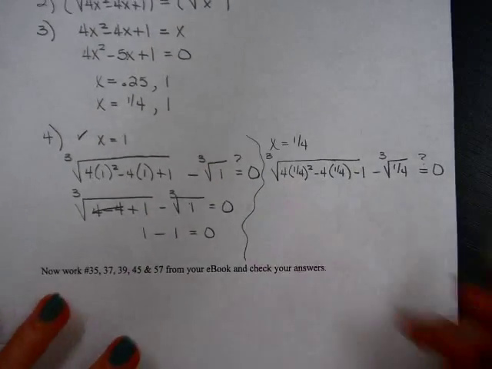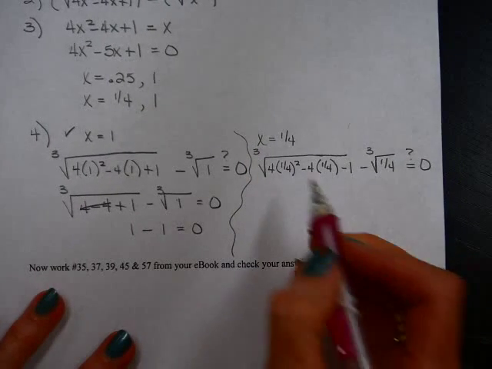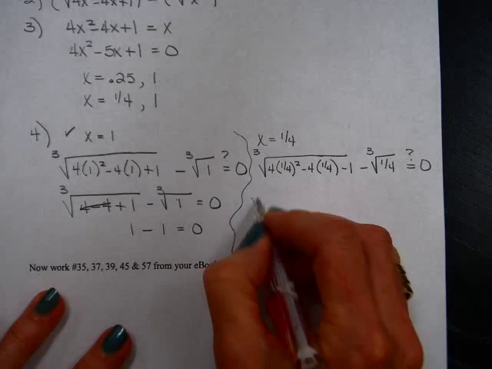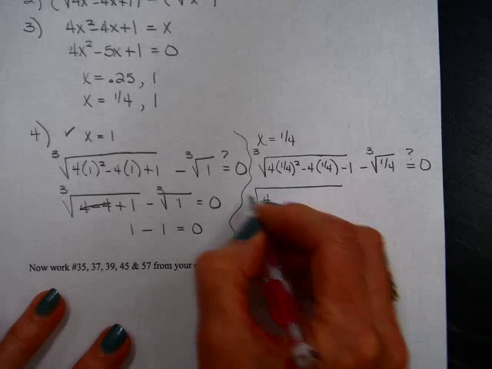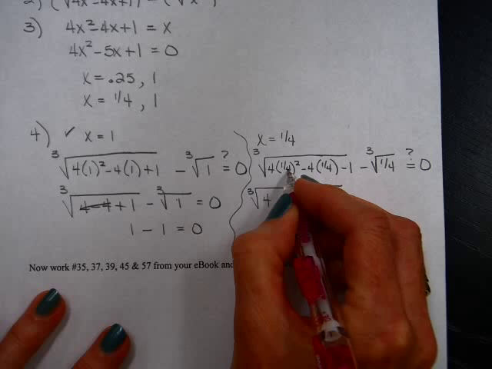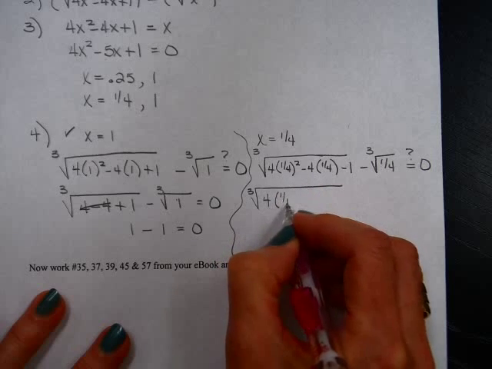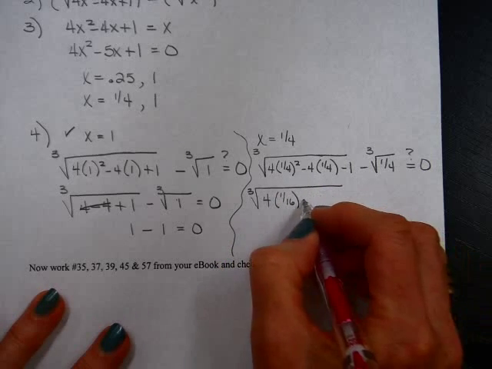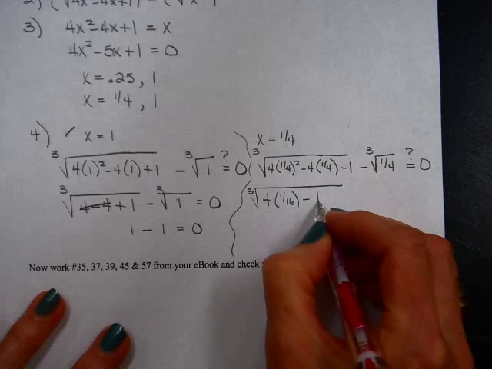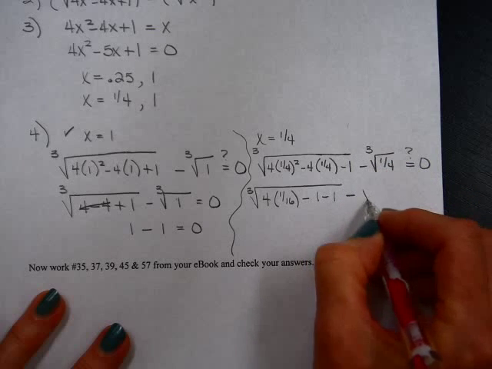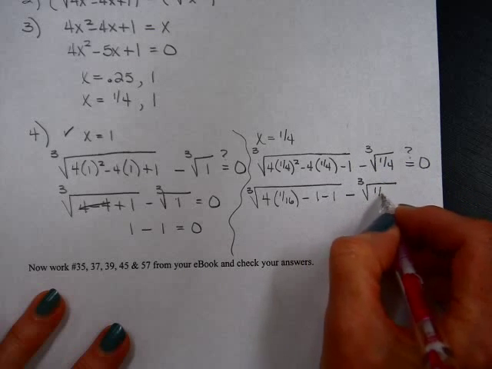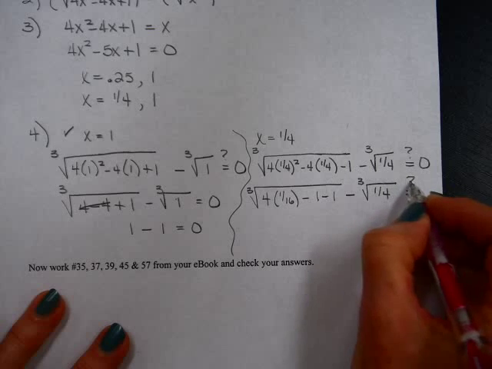All right, if you need your calculator to help you with some of this, you can do this. But this is the cube root of 4 times 1/4 times 1/4 is 1/16. 4 times 1/4 is 1. That's all that's under the radical. Minus the cube root of 1/4. I want to know if that is equal to 0.